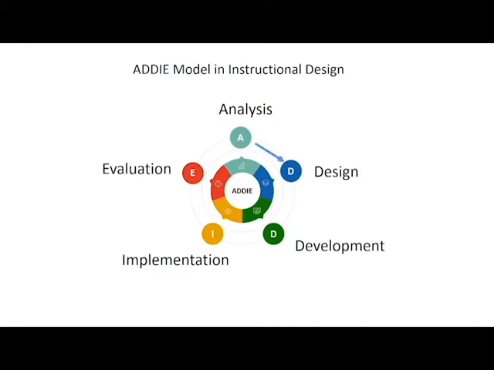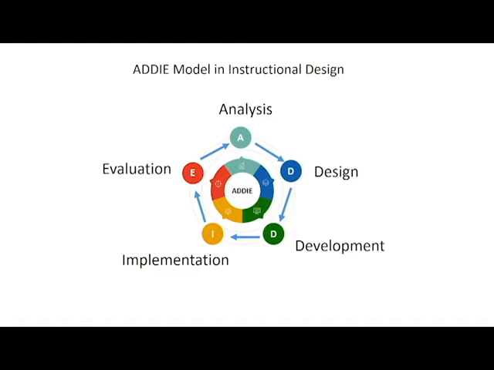It is procedural because the analysis will affect the design, and the design will affect development. Development will affect implementation, and implementation will affect evaluation. And evaluation will further affect analysis.